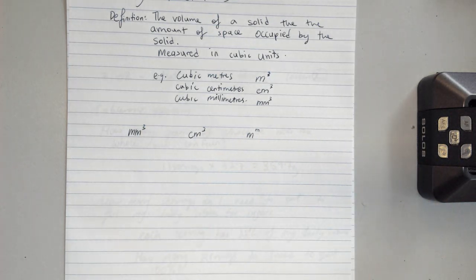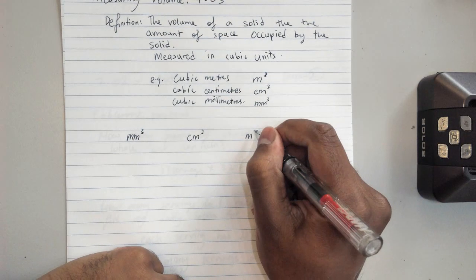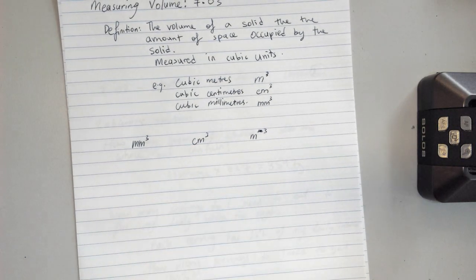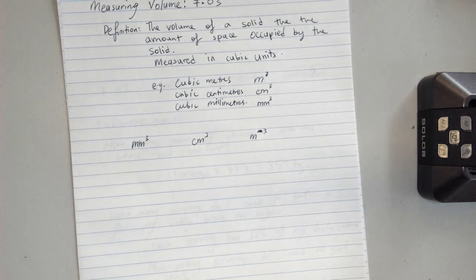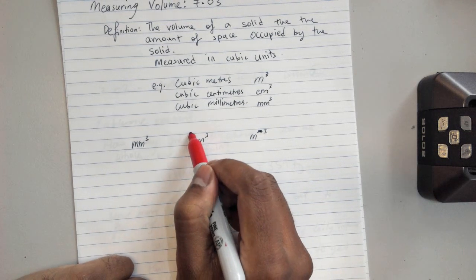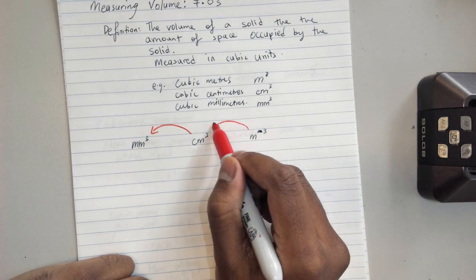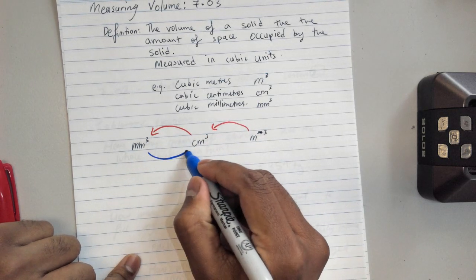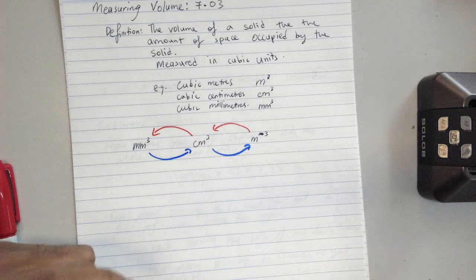Okay. Now, which one's really big? Well, sorry, let me change that to a 3. That's the biggest one. That's the smallest. So, like before, when we go this way, we're going to multiply by something. And then when we go this way, we're going to divide by something.